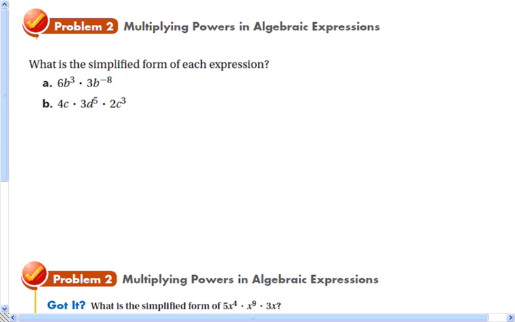All right, so what is the simplified form of each expression here? Here we're going to use some rules to help us. Remember that multiplication is both commutative and associative, which means we can rearrange these. So what I'm going to do is rearrange this product so I have my numbers together, multiplying those, and then I have my bases together.